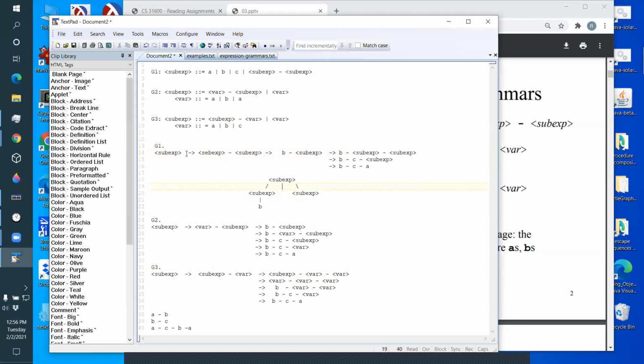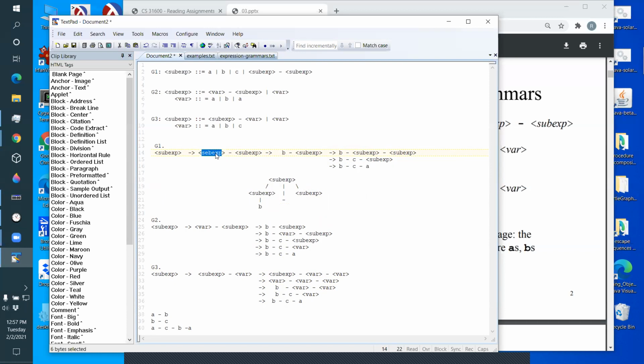When this thing expanded, it was sub-expression minus sub-expression, so I have to put the minus sign there. So it's B minus then this sub-expression. So the sub-expression gave me a sub-expression minus sub-expression. So it branched into three things.